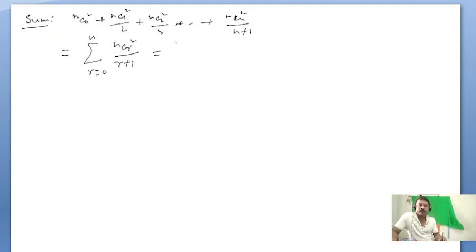Okay, we may write this as n plus 1 because r runs from 0 to n. So finally we get 1 by n plus 1.